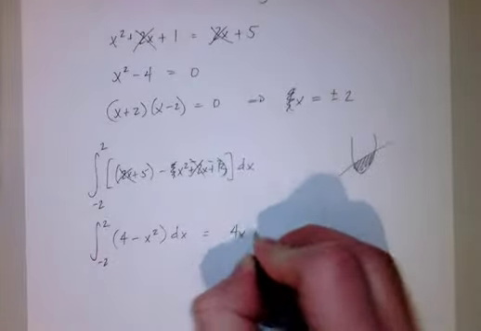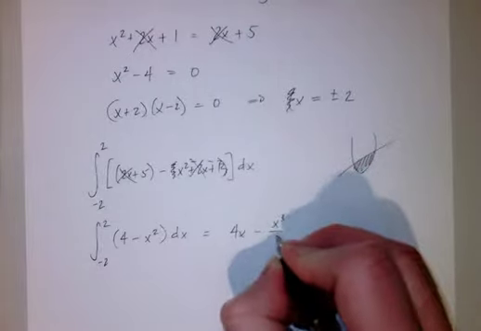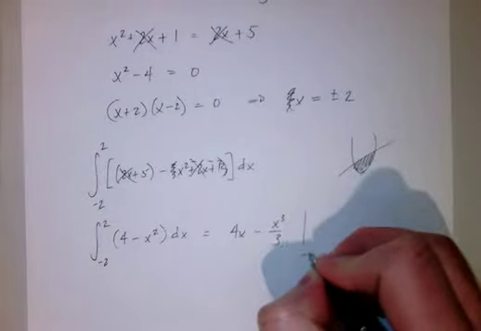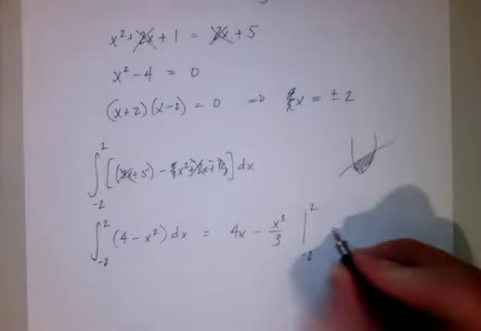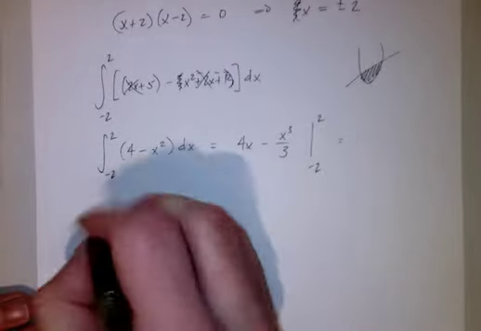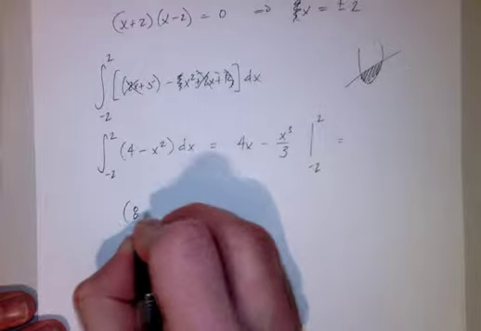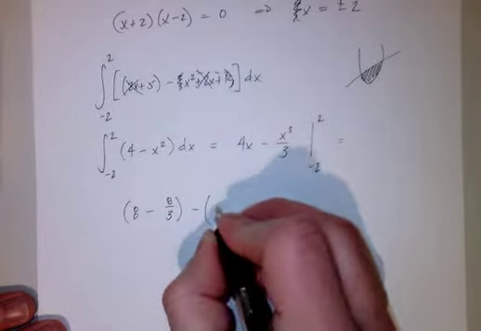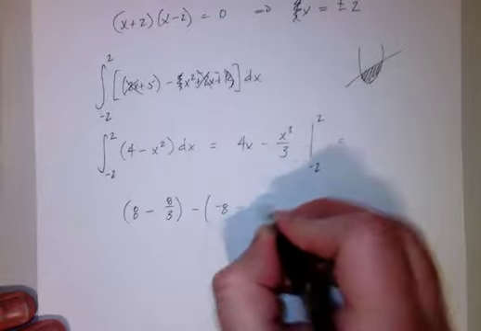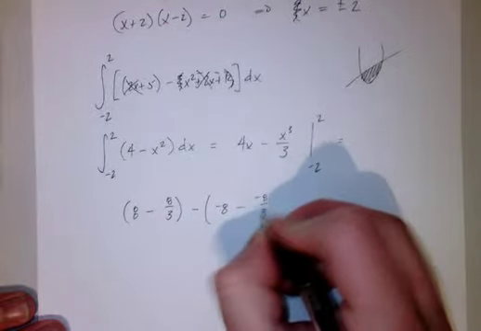And we get 4x minus x cubed over 3, and we're going to evaluate it from negative 2 to 2. Okay? Now, I could have shortcutted this, and I'll discuss that in just a second. But from here, it winds up being 8 minus 8/3 minus negative 8 minus negative 8/3.